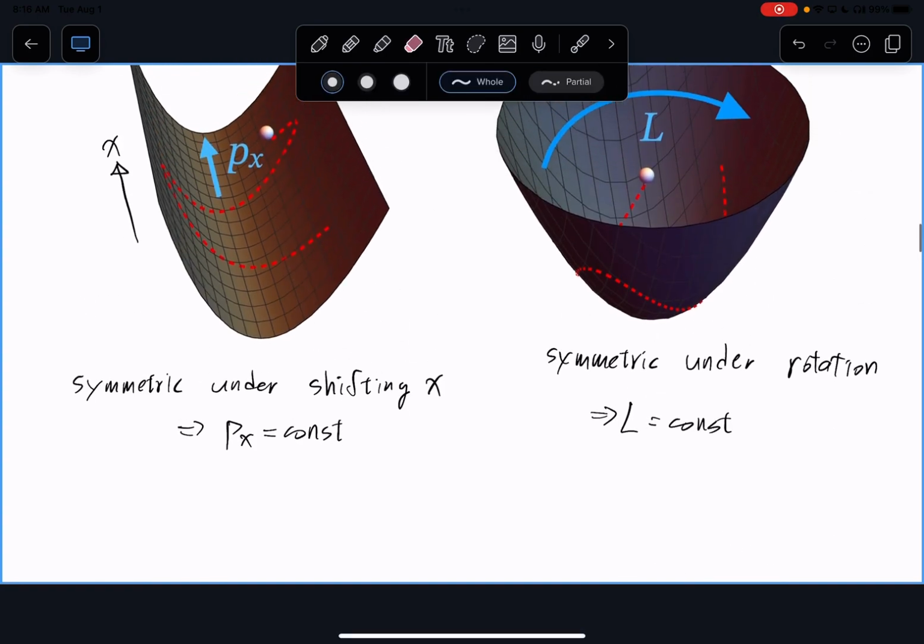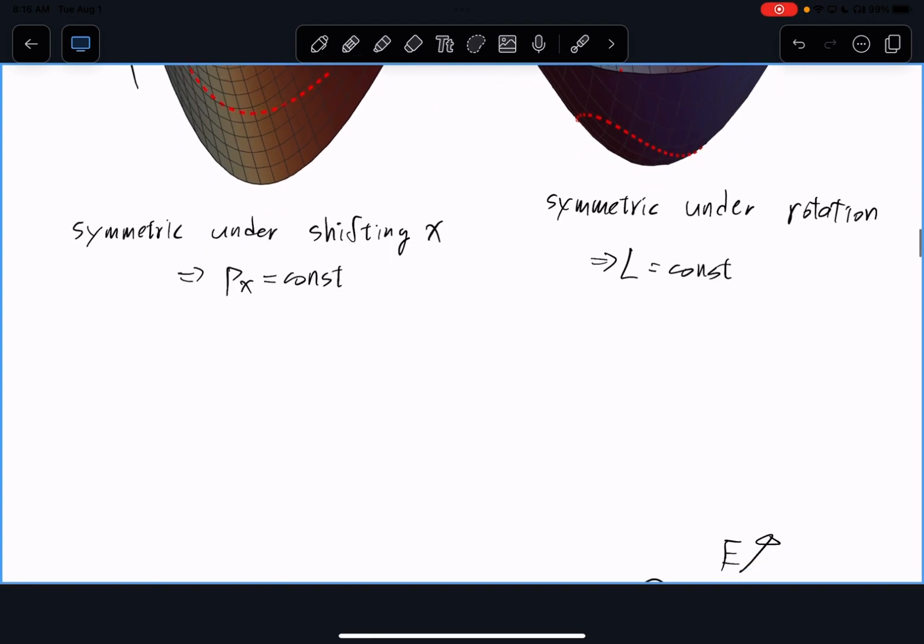So because the valley is not changing with time, we say the valley is symmetric under time evolution. It means the valley today looks the same as the valley yesterday and the valley tomorrow.